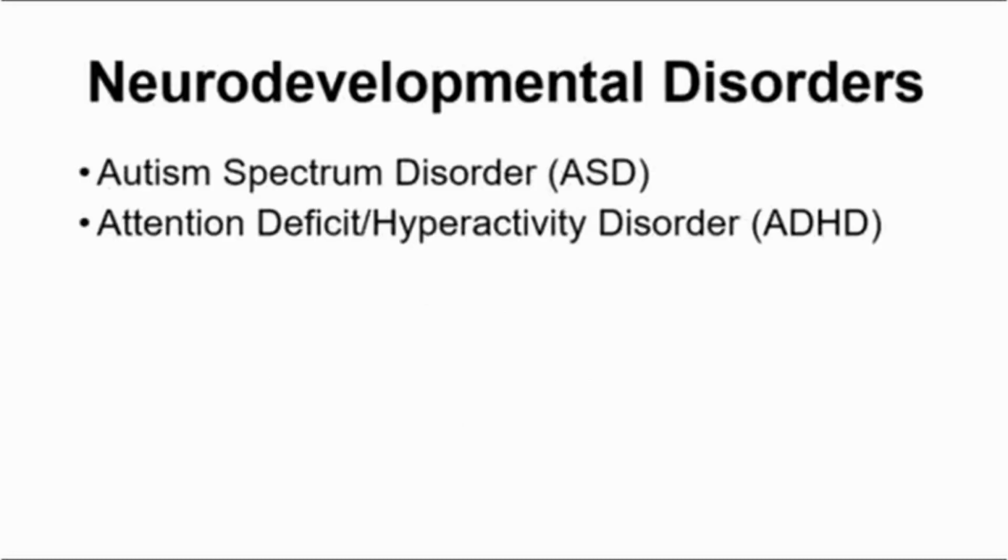So we could debate about what we'll call it, but neurodevelopmental disorders kind of fits nicely. So we'll talk about 2 that fit into this category. One is autism spectrum disorder, and the other is attention deficit hyperactivity disorder.